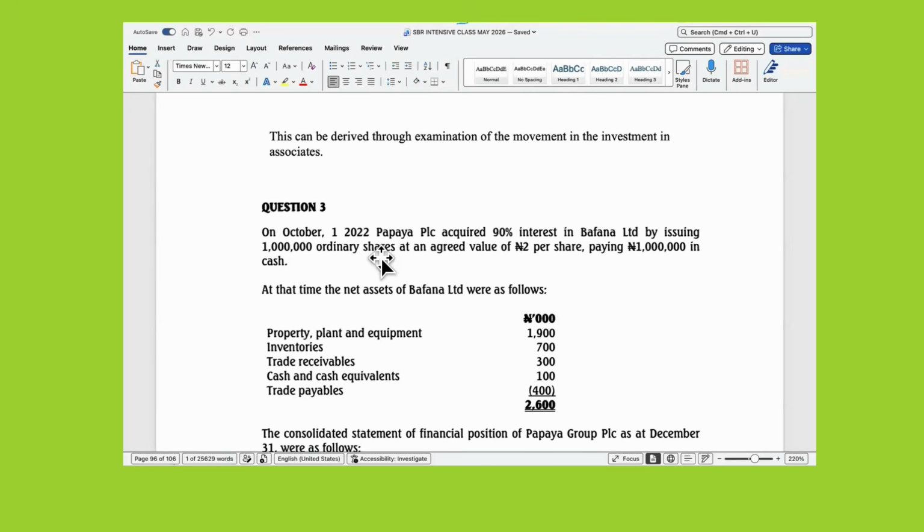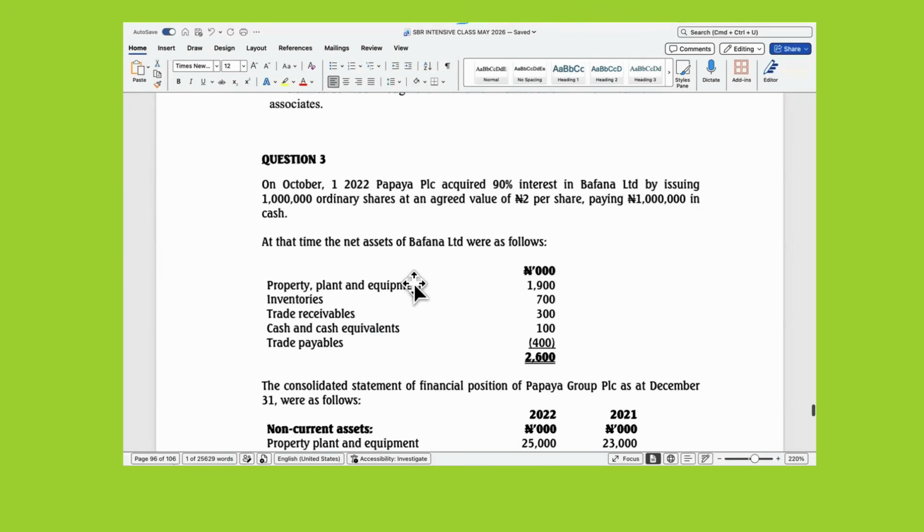However, if you look at the assets I bought, the subsidiary's assets, there is cash there. So in that case, my purchase consideration will not be 1 million anymore.